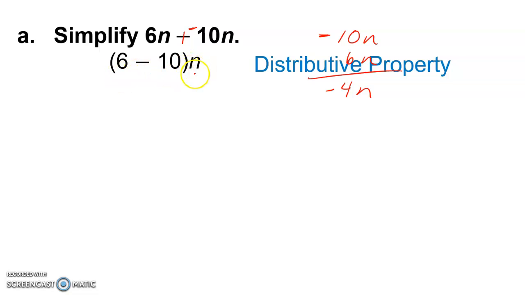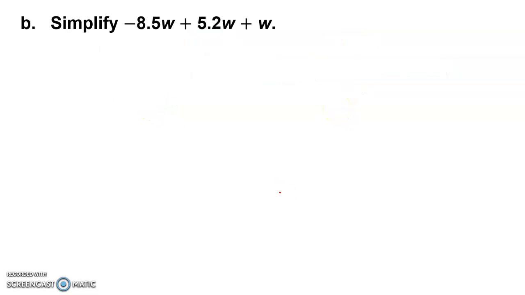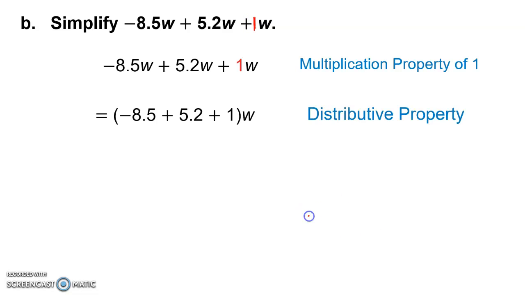You get 6 minus 10, which is negative 4n, which is what we ended up getting. And then this one right here, they all have w's, so we have to combine them all. Now the key thing on this one is if the w is by itself, it's understood to be a 1 with it. So you combine them all, you end up with negative 2.3.